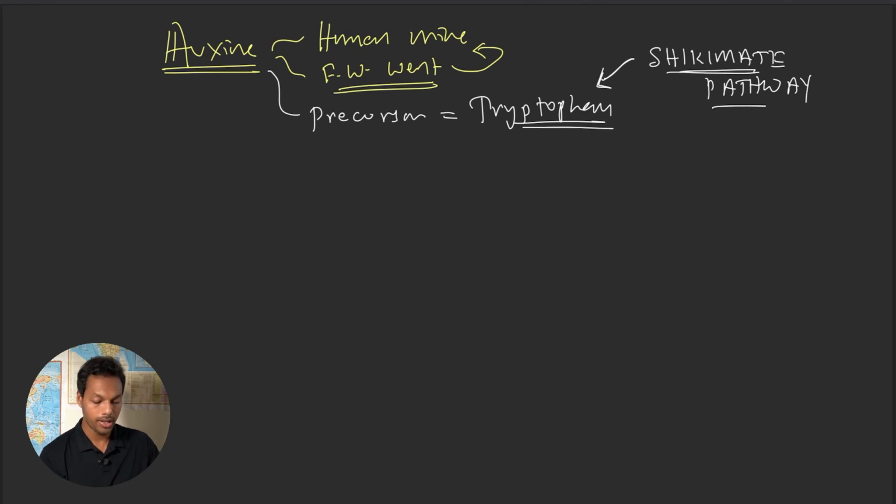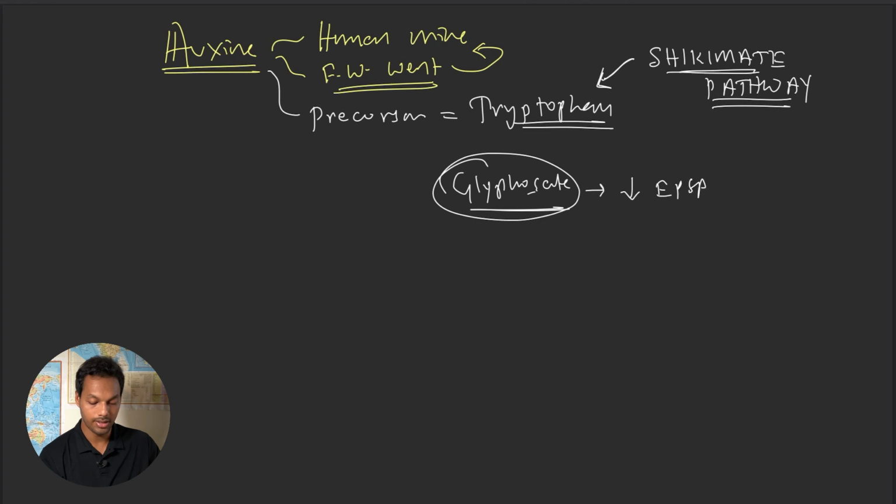And when we apply glyphosate, you know glyphosate is a total killer. When we apply glyphosate, one enzyme it is inhibiting, that is called EPSP synthase. This enzyme is helpful in the pathway.